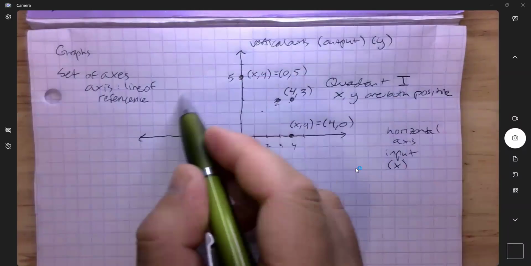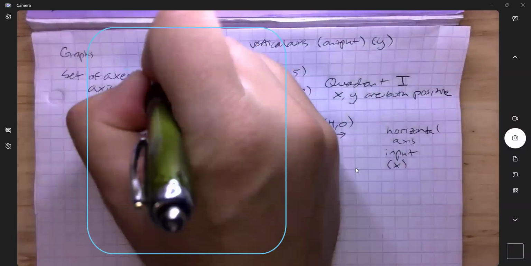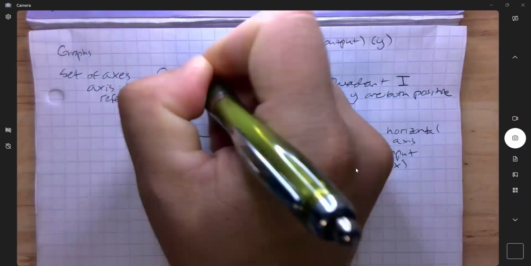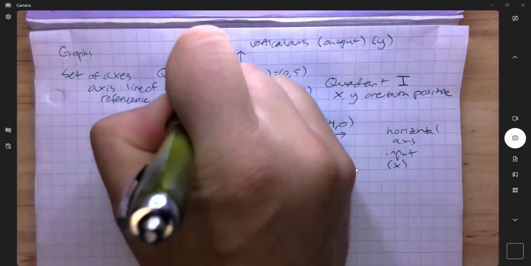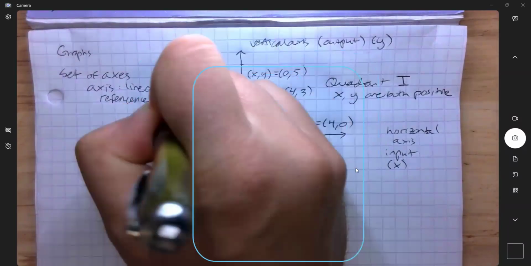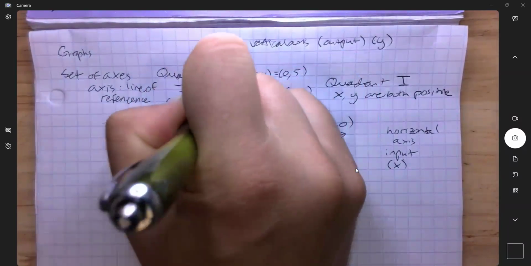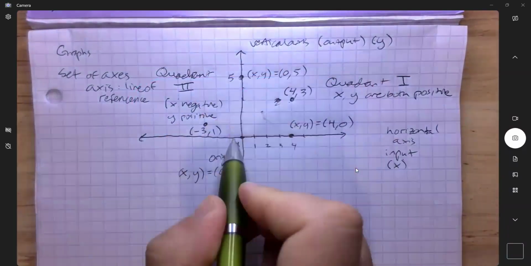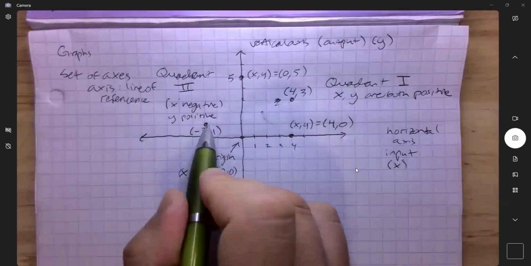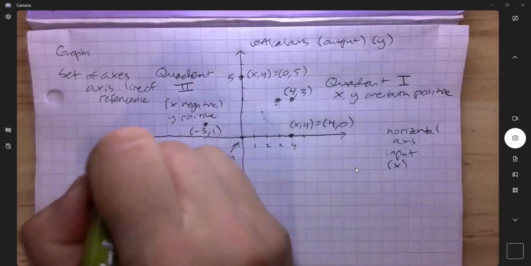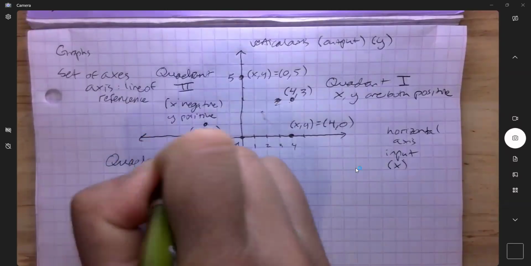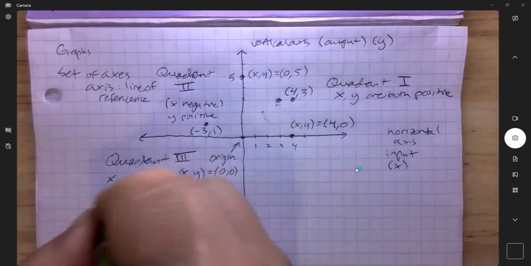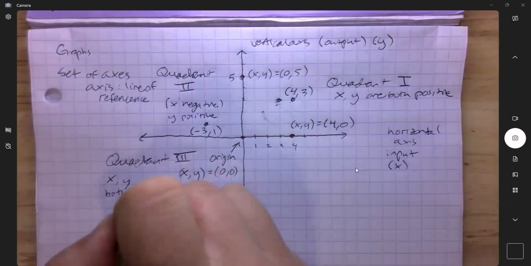The next quadrant, we go this way, is quadrant 2. Here the x is negative and the y is positive. So this point right here is (-3, 1). The x is -3, the y is +1. In quadrant 3, the x and y are both negative.